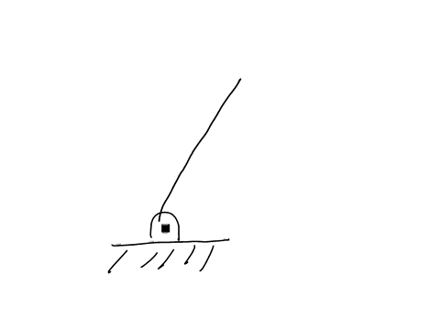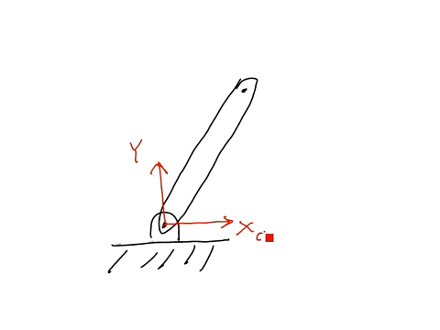Let's suppose that you have a joint that is attached to the ground, and attached to this joint is a single link. I'm going to draw two coordinate frames: a base coordinate frame that's attached to the ground, and a second coordinate frame that is attached to my link.